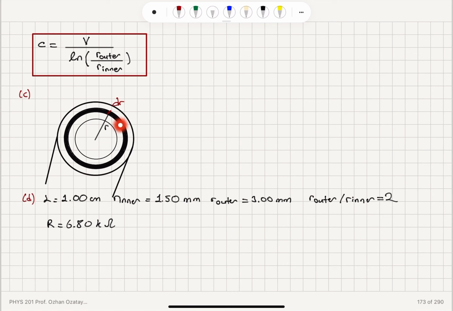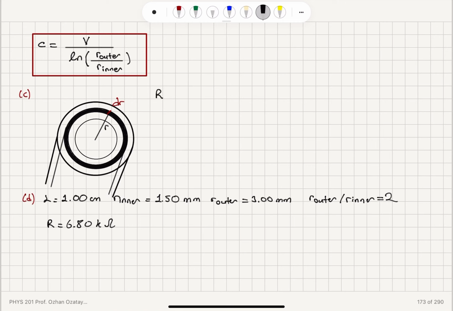And if I consider a cylindrical shell in between these two, I will calculate its resistance for current flowing radially inward.